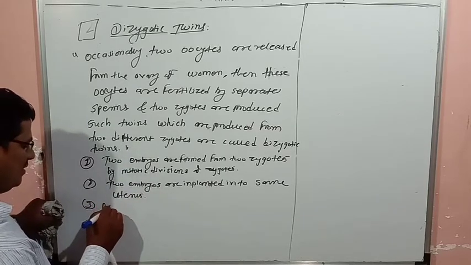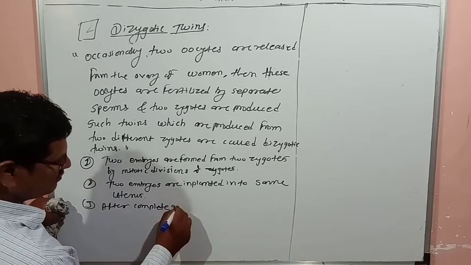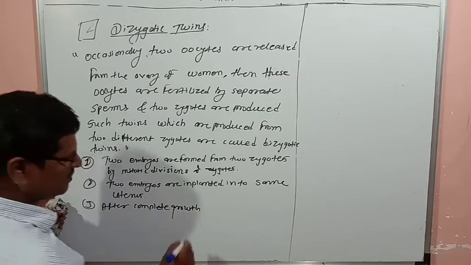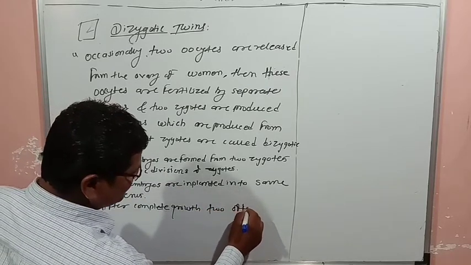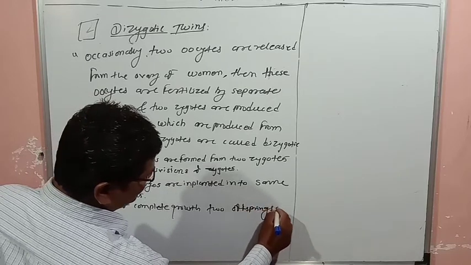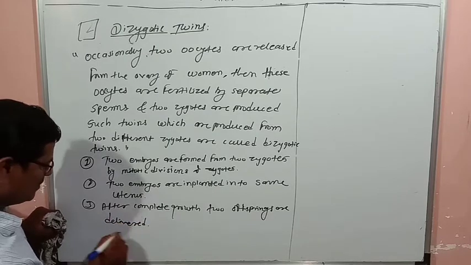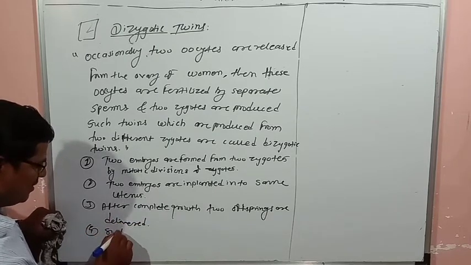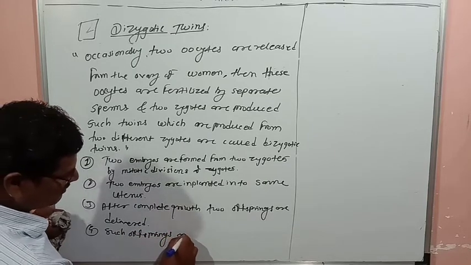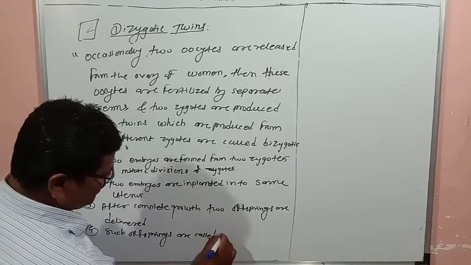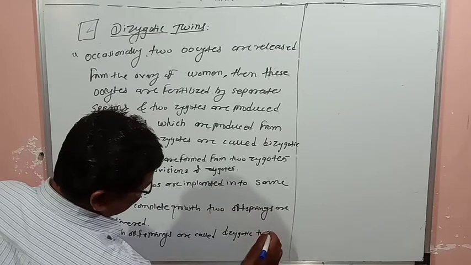Third, after complete growth, two offsprings are delivered. And fourth point, such offsprings are called dizygotic twins.